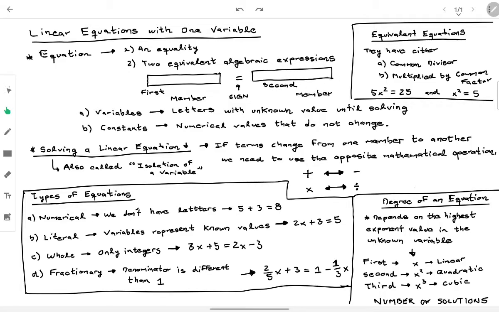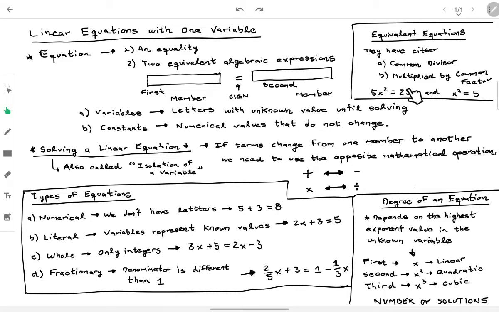But in the case of equivalent equations, they have either a common divisor, or also we can see it as they are multiplied by a common factor. So in this case, 5x squared equals 25 and x squared equals 5, they are both equivalent equations.